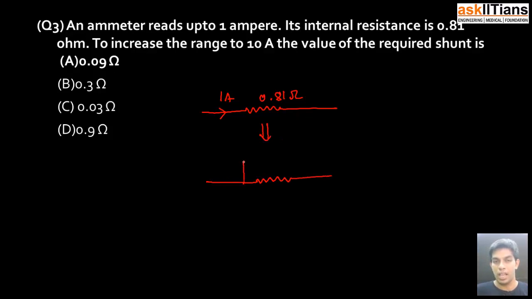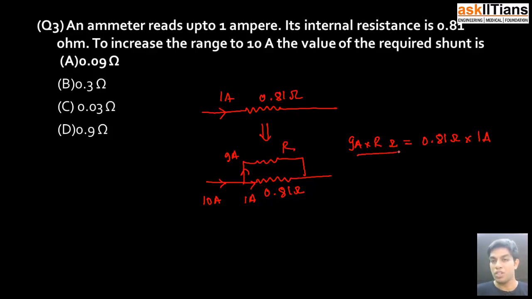Let's say it's of a value of R. So I have 0.81 ohm over here. So it's now able to take 10 ampere. So it means 9 ampere goes in this branch and 1 ampere goes in this branch. So I can write 9 ampere into R ohm is equal to 0.81 ohm into 1 ampere.